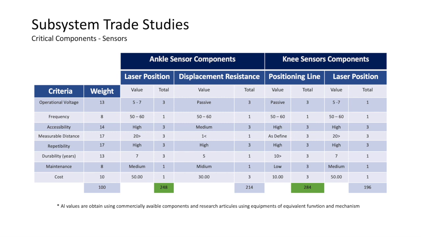The proposed sensors for the ankle are the laser precision sensor and the displacement resistance sensor. The sensors proposed for the knees are positioning line sensors and laser precision sensors. The laser precision sensors and the positioning line sensors were defined as the optimal option for the ankle and knee respectively. The same action was taken for the actuators.